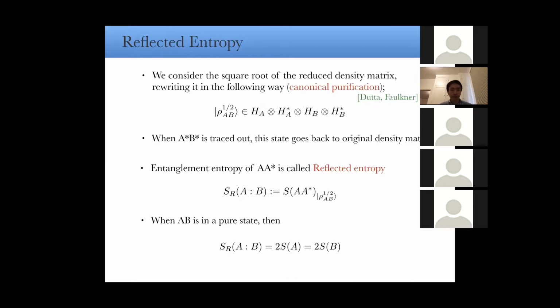This reflected entropy has several nice properties. When you assume that the original state AB is in a pure state, it gives the usual entanglement entropy, S_A or S_B. This is plausible since basically the unique quantity that measures entanglement in a pure state is the entanglement entropy.